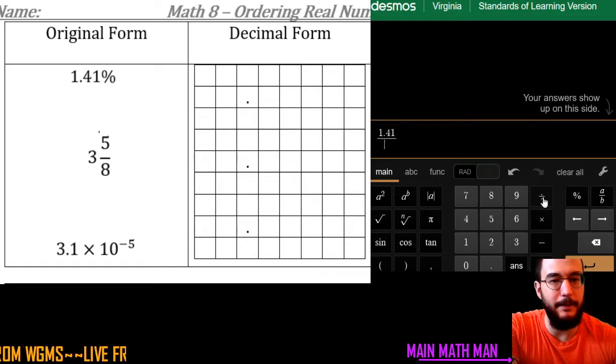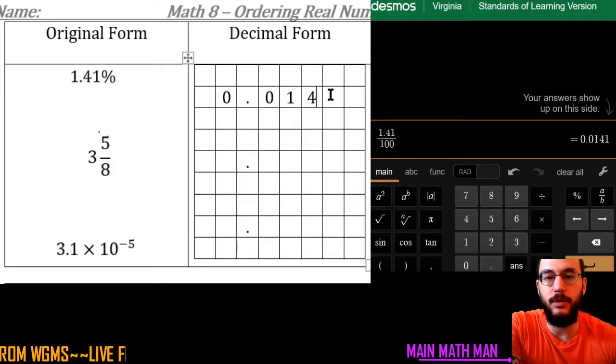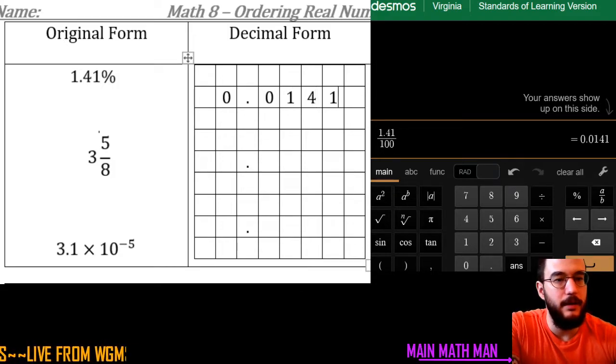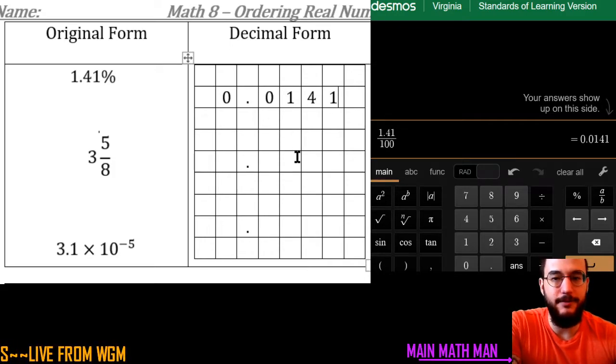So I have to divide it by 100 to get my decimal value. So now let me type that in. I have 0.0141. You want to make sure that you are going the entire way out. That way you are able to compare those decimal places very simply for yourself.